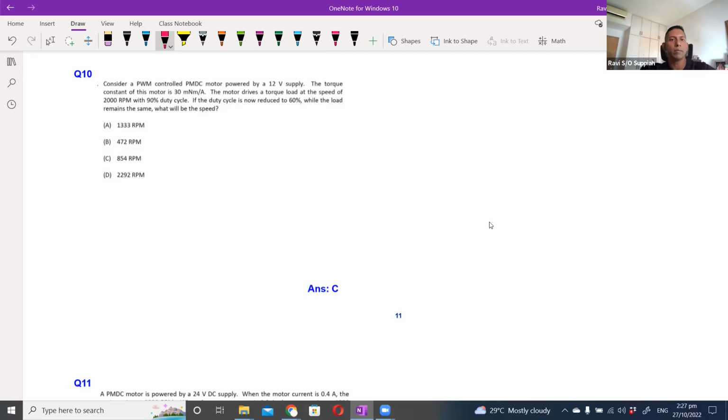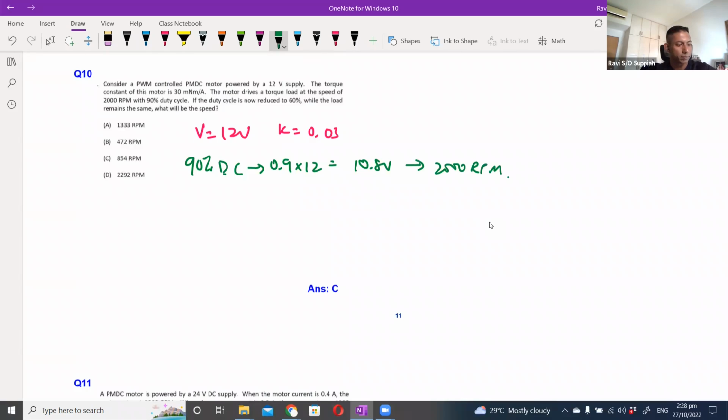Let's look at what information we have. V is 12 volt, and the torque constant K is 0.03, so K is already given. The supply is 12 volt, but we're using a PWM running at 90%. A 90% duty cycle basically means 0.9 of 12 volts, which gives 10.8 volt. At 10.8 volts, we are able to drive the motor at 2000 RPM.